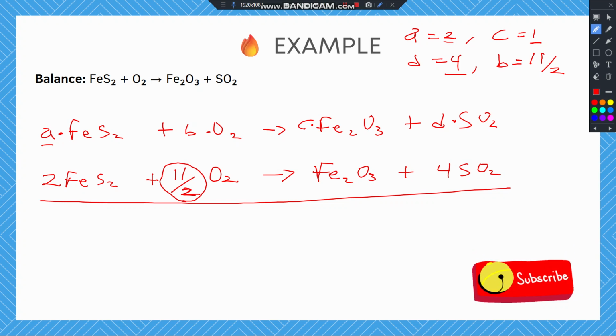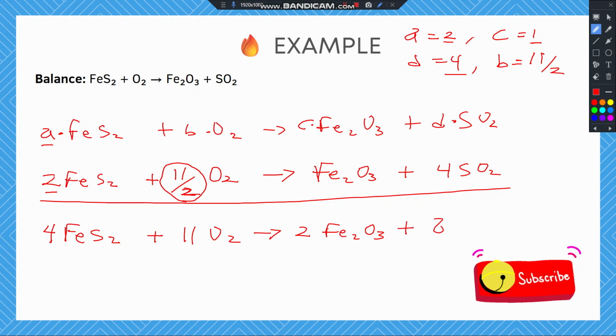So multiplying everything by 2, this now becomes 4, because this 2 multiplied by 2 gives us 4. We have 4 FeS₂ plus 11 O₂, then giving us 2 Fe₂O₃ plus 8 SO₂. This is our final balanced equation.